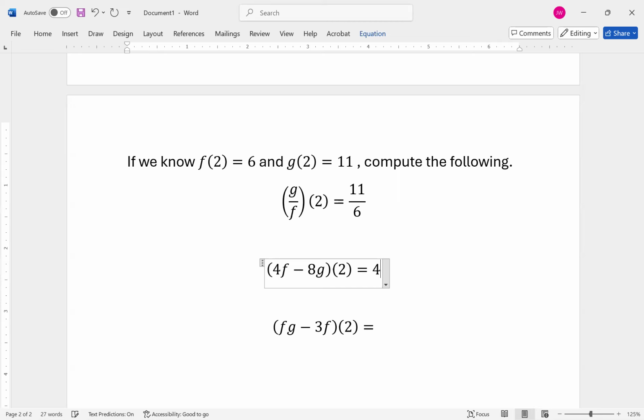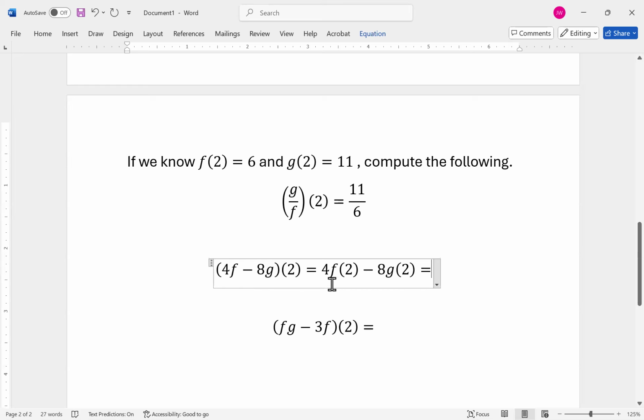We're going to take 4 times f of 2 minus 8 times g of 2 and compute that. Again, if we had an x in here, we do the same thing for x. In other words, 4, that constant number, is just like a constant function where you get f of x is equal to 4. Not this f of x, but a function having constant output value of 4.